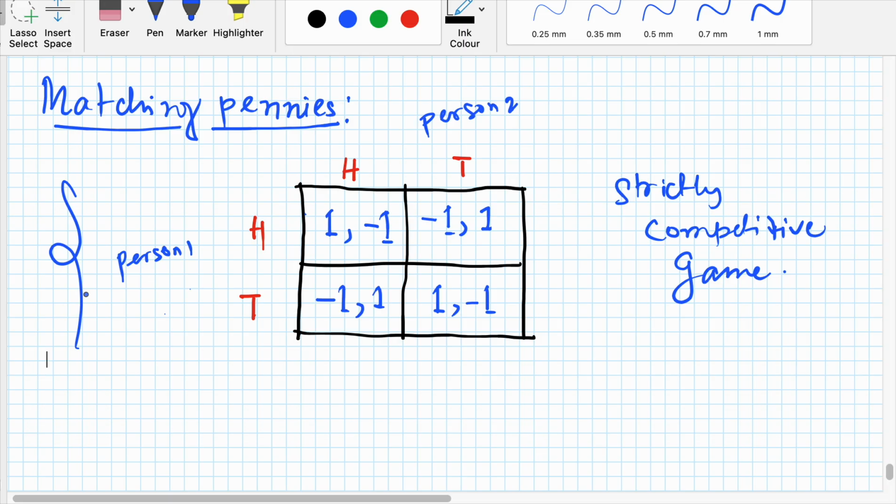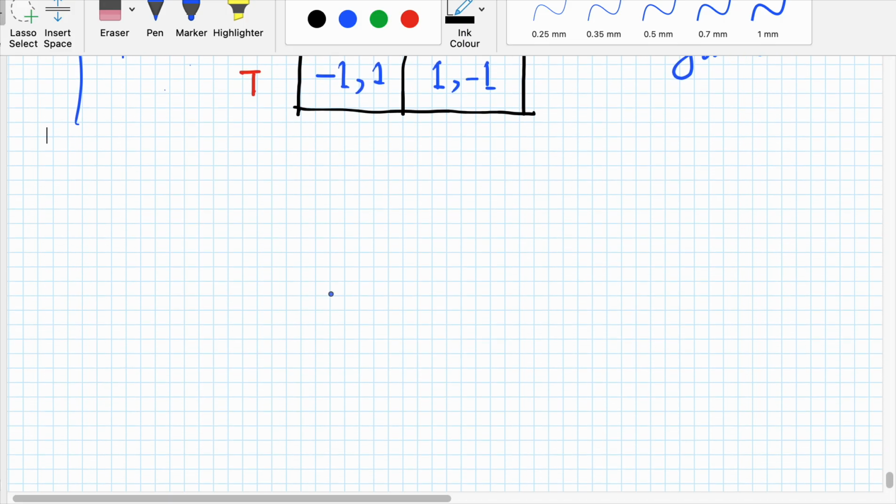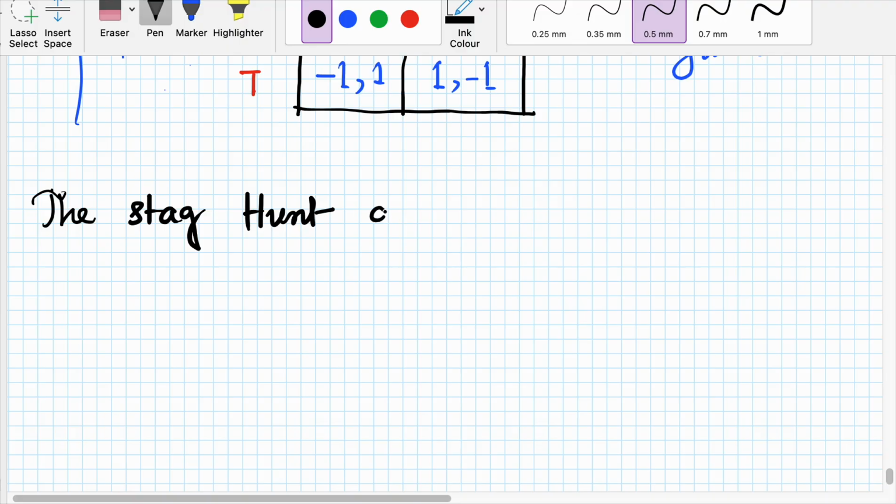Now another important game is called the stag hunt and the hawk dove. I will introduce these two games. So first, the stag hunt game. This game was introduced to discuss how the inequality among men arises.